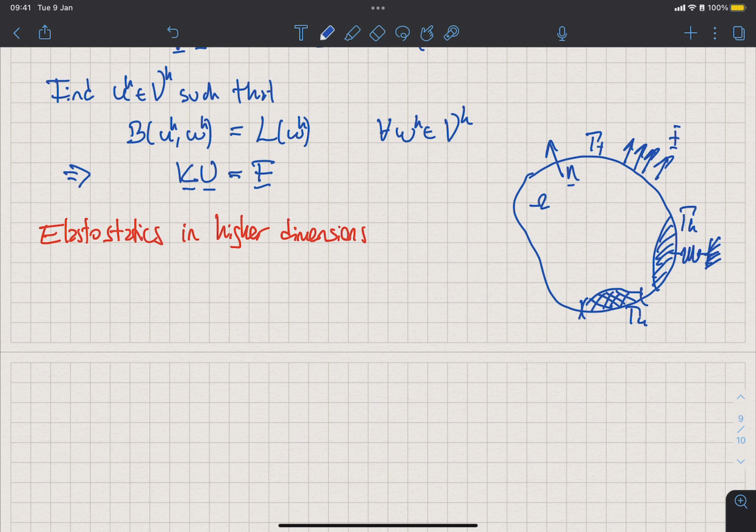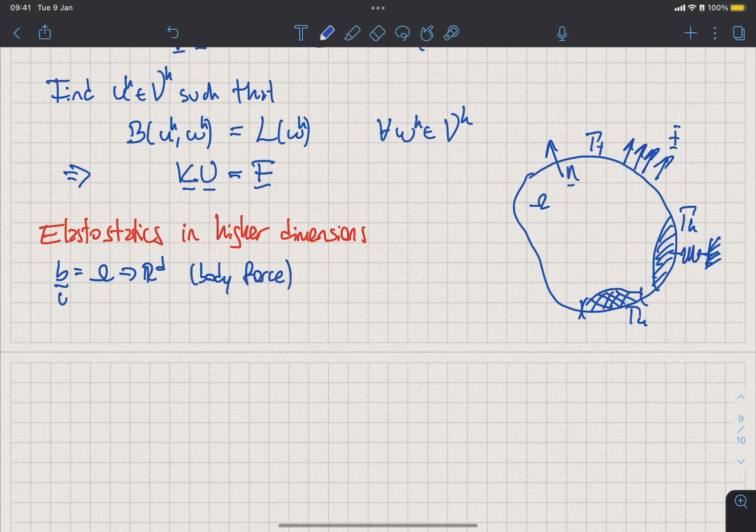Of course, we start with a body force that now is a vector valued function that goes from domain omega to Rd. D is the dimensionality of the problem, so this is our body force, right?